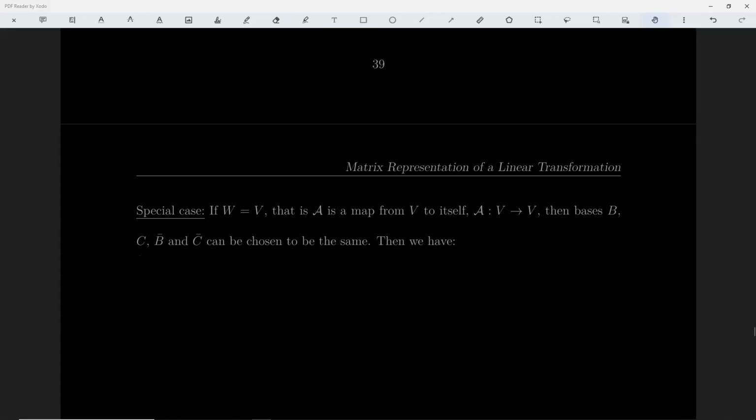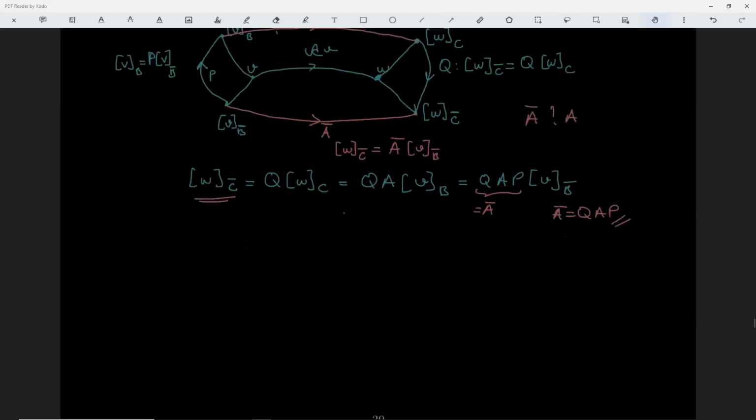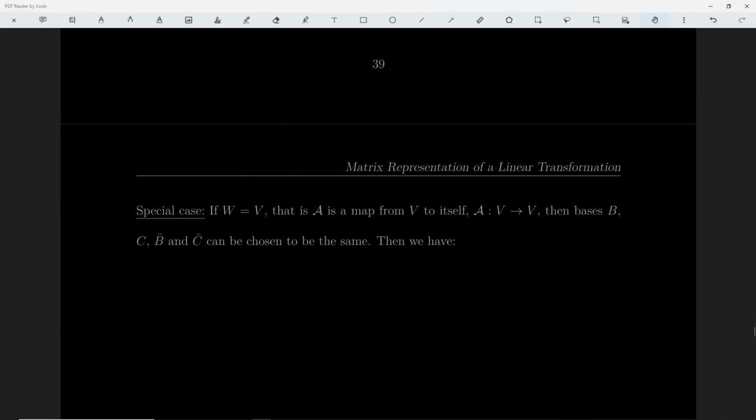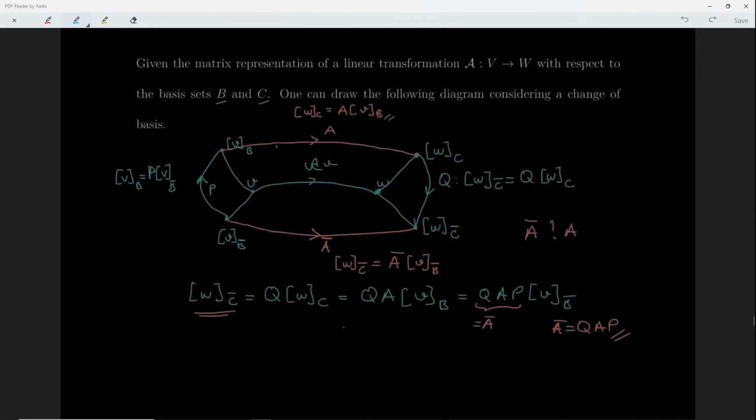Okay, and there's one special case here. Let me try to illustrate that as well. I was talking about the functions with V as the domain, right?